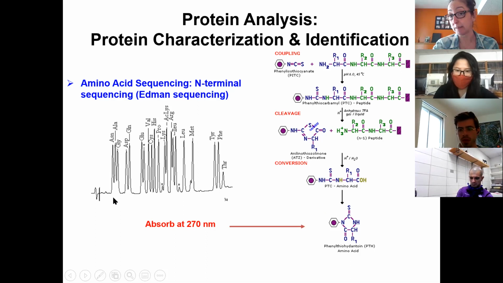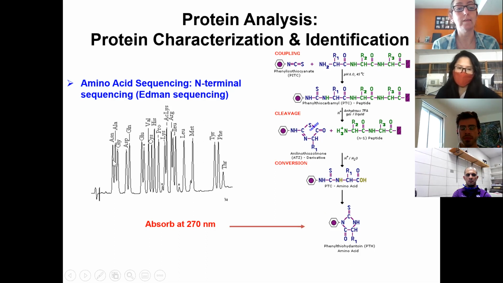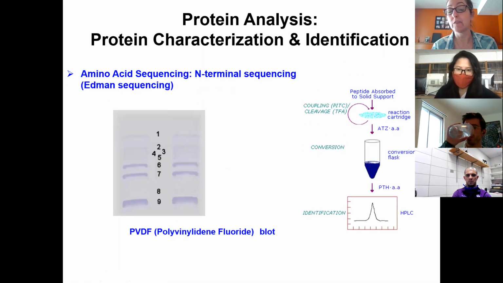Then the amino acid is projected onto reverse phase chromatography, and you get your amino acids in sequence based on the cycle of the reaction. So in order to do N-terminal sequencing, we need a very pure protein. And oftentimes a one-dimensional gel is not enough.